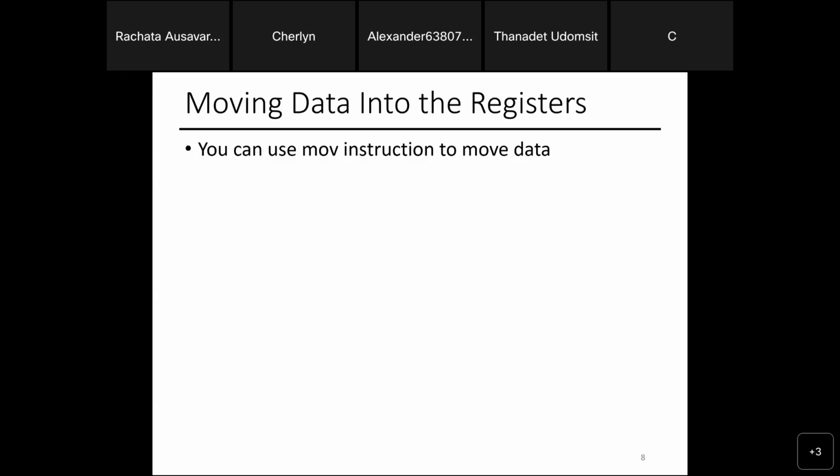The same instruction can be used to move the data from the memory to a register. It can be used to move the register into the memory. It can be used to move from the register to another register. Same instruction. You just need to specify the source and the destination, and that's it. If you have the source, you have the destination, it works.